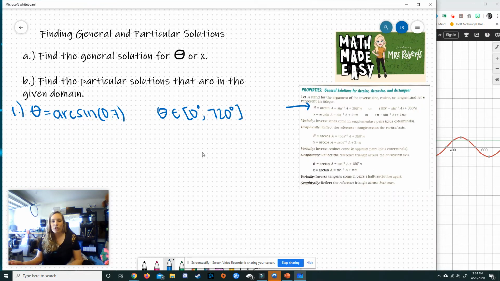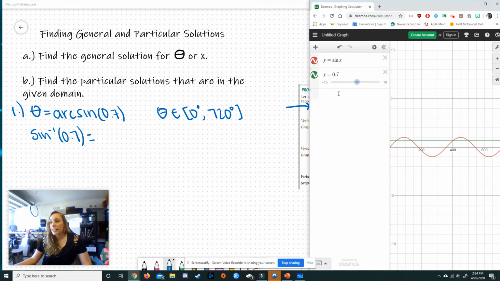Now, let's go about actually solving this, using our tools and our notes. It says that theta is the arcsine of A, which we would say is the inverse sine of A. And then to make it a general solution, we're going to add 360n, meaning add 360 as many times as you want, and you are going to get exactly the same answer. So let's try this. We want to figure out what is the inverse sine of 0.7.